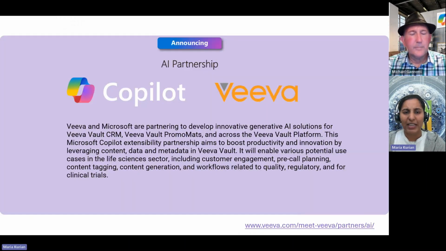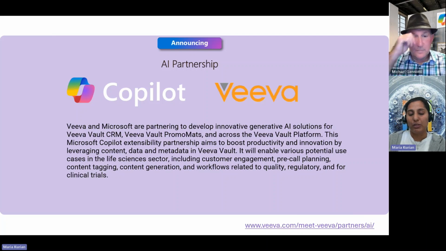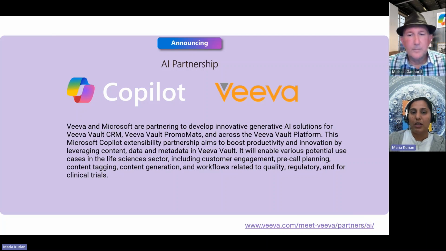So I believe last year or the year before, we announced the partnership with Veeva. It was a big announcement. Here's a link to the Veeva site where we've announced this partnership, and Microsoft is building graph connectors to different Veeva modules. Veeva Vault is a platform. They have different solutions. They have Veeva Vault for PromoMats, they have Quality, and a couple of others too.